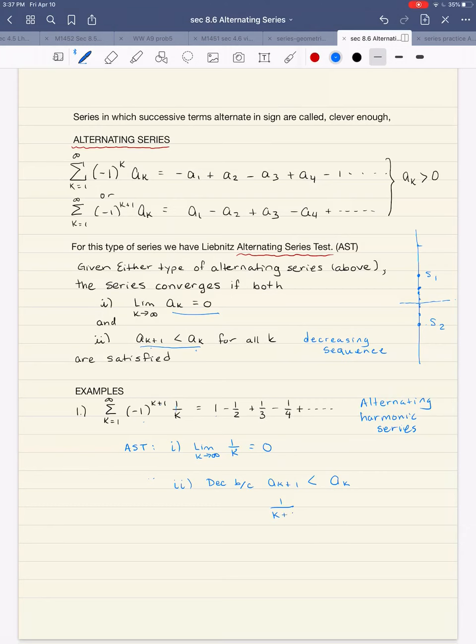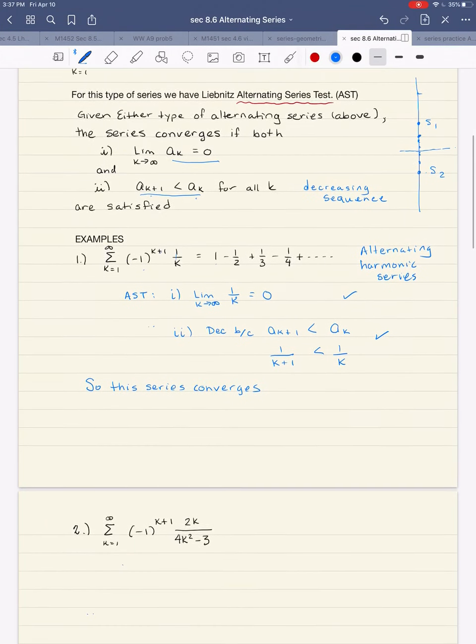My AK plus 1 term in this example is 1 over k plus 1, and that is clearly smaller than 1 over k because k plus 1 is bigger than k, so the reciprocal has it that 1 over k plus 1 is smaller than 1 over k. So it did the two steps of the alternating series test, so this series converges by the alternating series test.